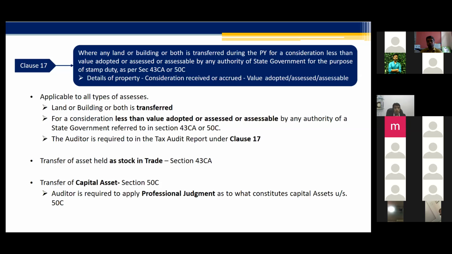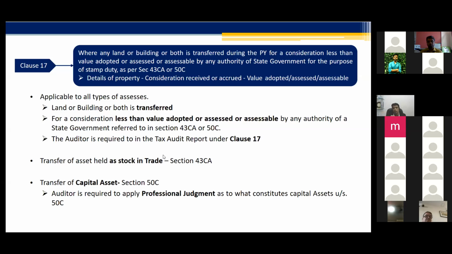But as a matter of abundant caution, if some auditor feels, no, I should give the basis why I'm not reporting it, why there is a different view which is arising, then I may give it in the observation. But when I'm following a judicial precedent, there is no contrary judgment to an extent that I require to give my pivot in the observations. And therefore, according to me, we may not cover it, we should not give it.